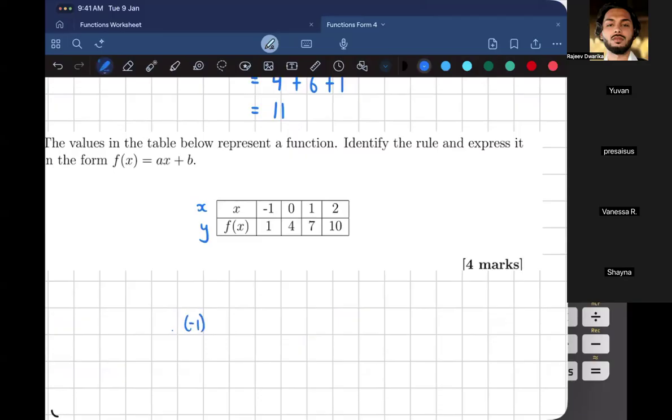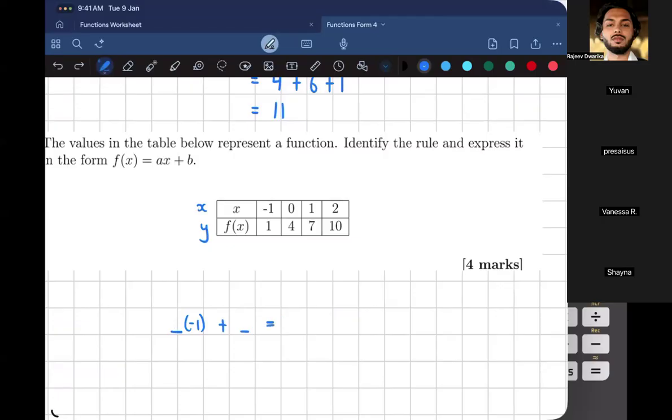What times -1, plus what, would give me 1? You have any ideas? Positive 3.